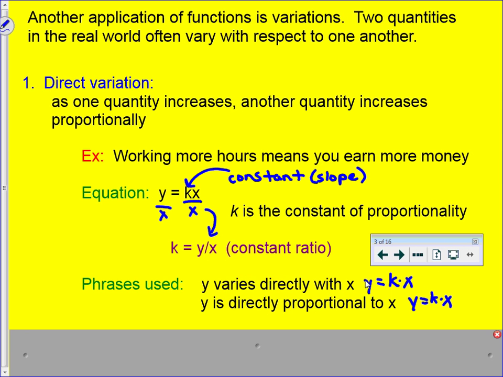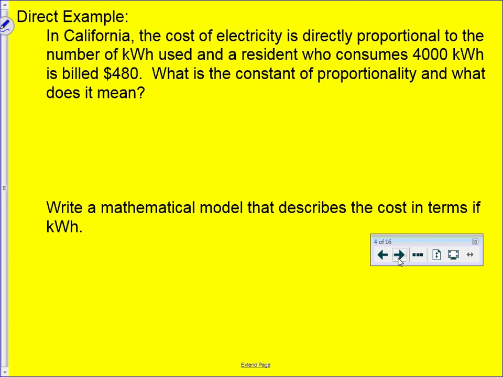So again, the exact same equation is what we wind up with, because it's direct variation, which means we would have multiplication. As we're looking at an actual example of direct variation, it says in California, the cost of electricity is directly proportional to the number of kilowatts used. A resident that consumes 4,000 kilowatt hours is billed $480.